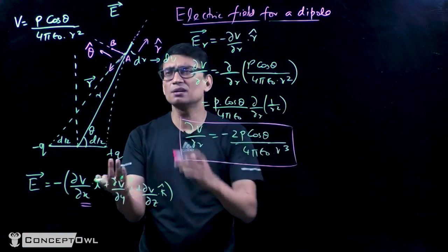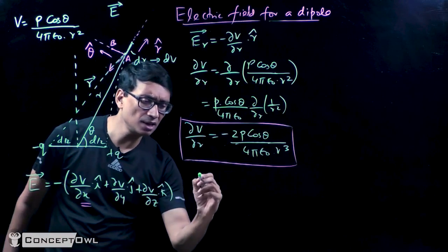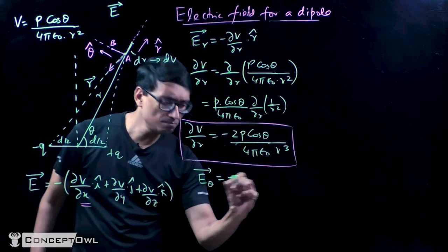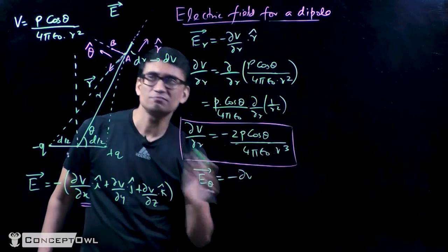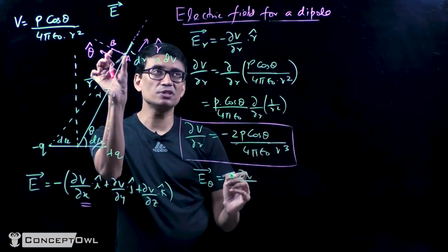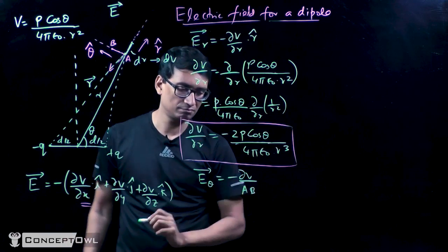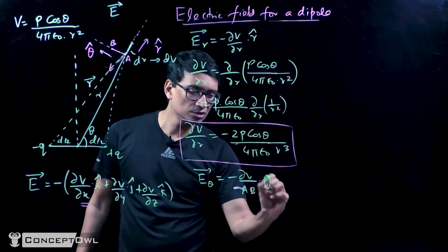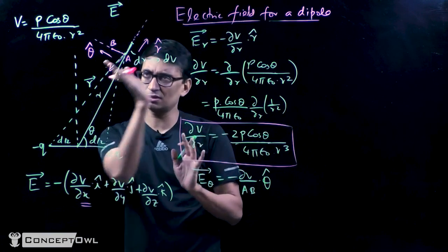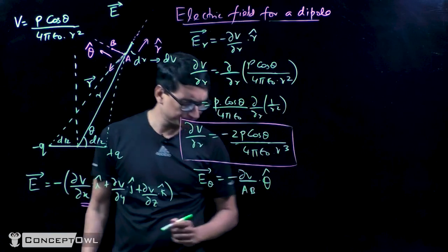So here my E theta would be minus del V, the change in V, divided by the change in distance. The distance is AB, so minus del V by AB into theta cap. Think of theta cap as my J cap. Since it's perpendicular, we give it a name, theta cap, but that's just a name.